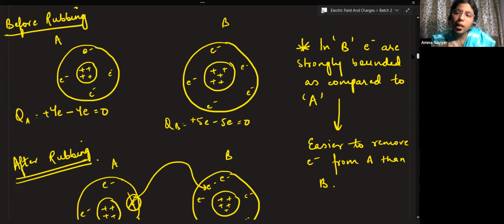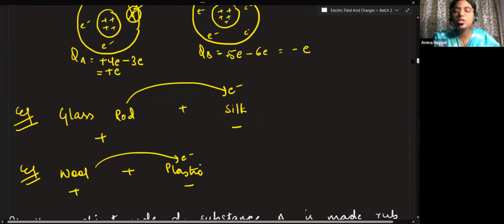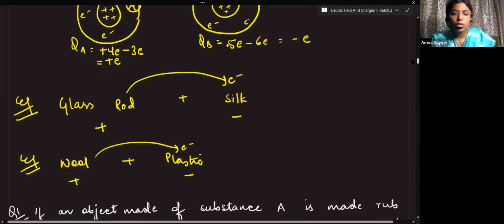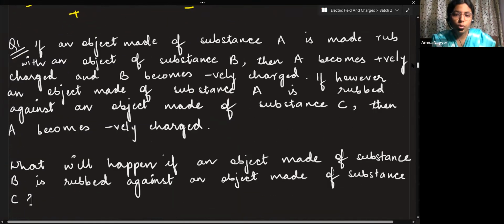If the body allows the electrons to move out, the body will automatically become positively charged, and the body that receives electrons becomes negatively charged. And by convention, we had seen that glass rod is taken as positive, silk as negative, while wool as positive and plastic as negative.